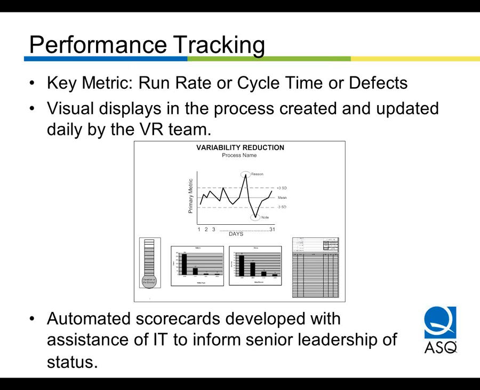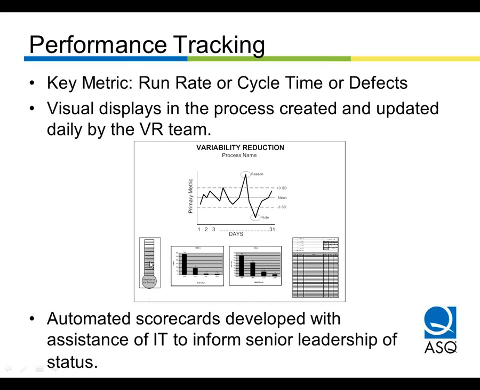Visual displays were erected within the first couple weeks of implementation in the process. These were usually whiteboards that were attached to the equipment or on a wall next to the equipment, and they included run charts of the performance, the run rate or the cycle time or the defect rate, Paretos of those things that were the biggest sources of delays or issues in the process.